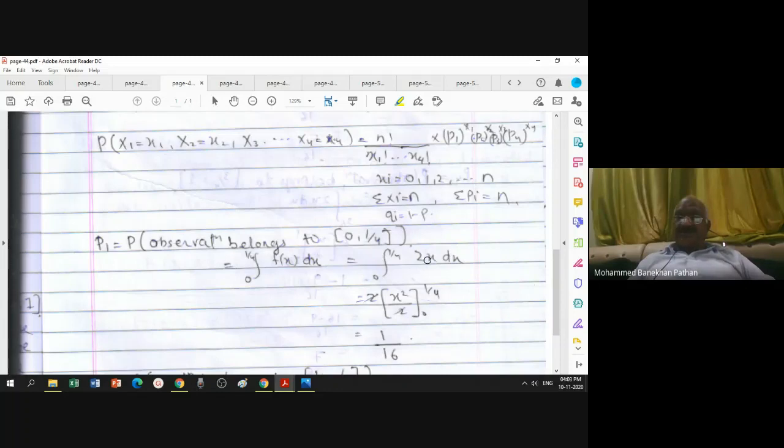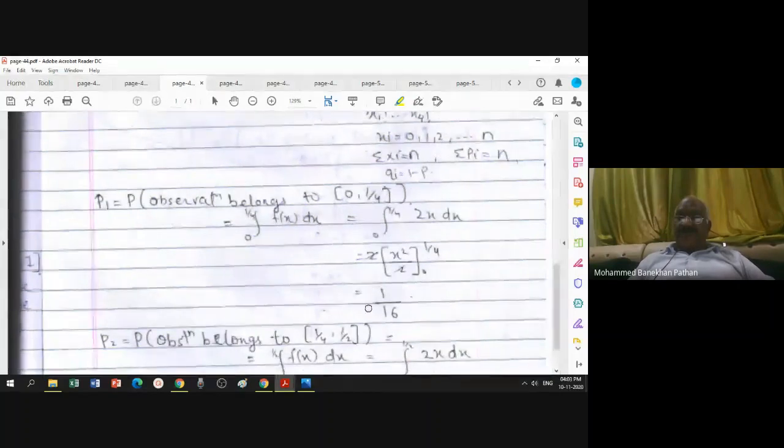Integration of x is x square by 2. This 2 gets cancelled with the outside 2. In place of x, put the upper limit: 1 by 4 squared is 1 by 16, minus the function value at lower limit 0. So I get the first probability P1 as 1 by 16.